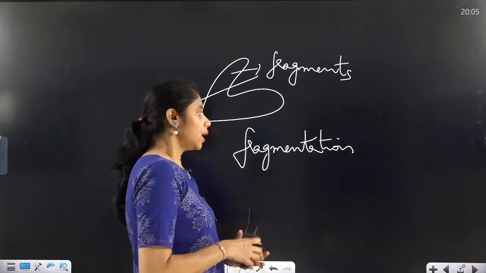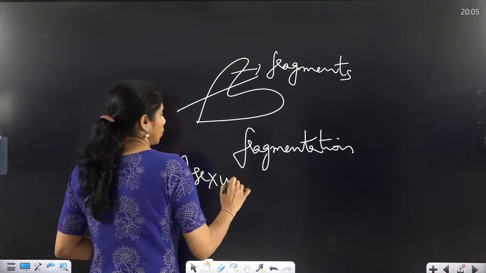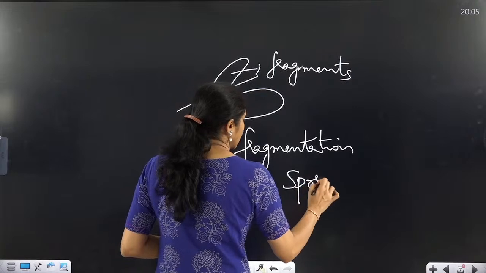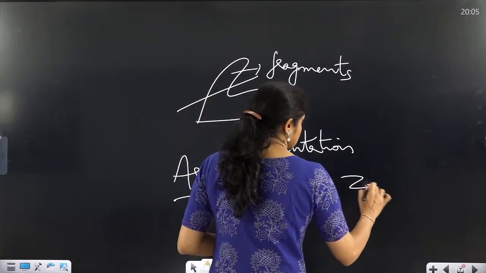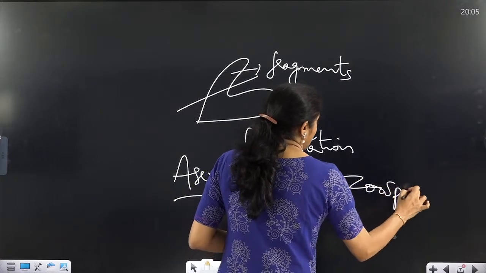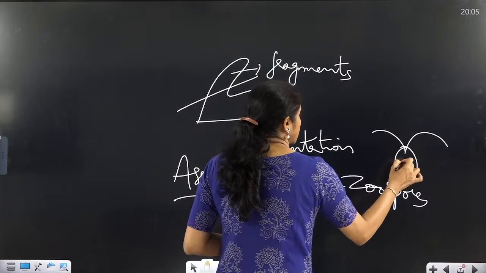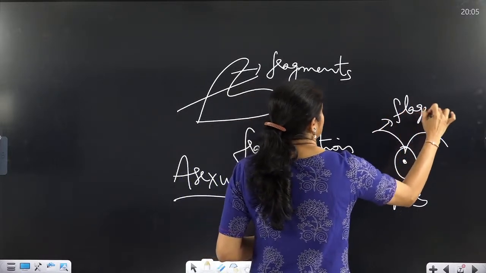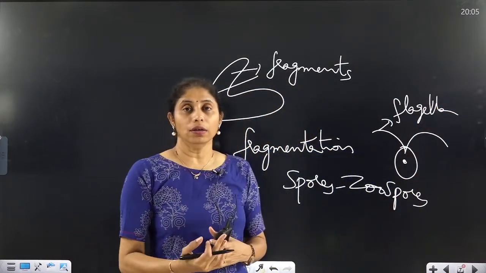And asexual reproduction is done basically by spores. So many spores are there, but among them the most important are zoospores. Zoospores are the only motile spores because they have flagella. These are the flagella. As they contain flagella, they are motile.